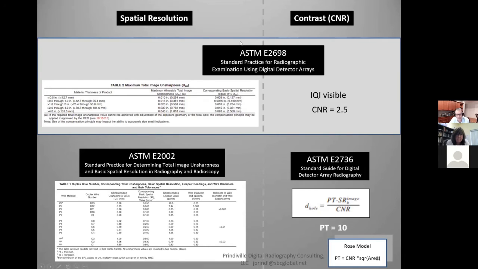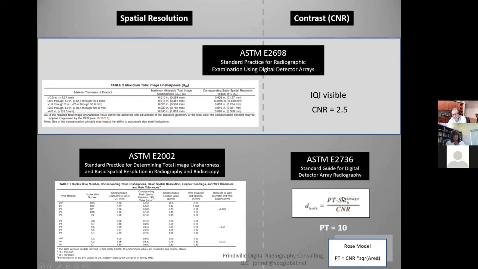You also go through a routine where you put a gauge, a duplex wire gauge, where your part is, and you can find out your unsharpness. So those are standard routines now. And this is the duplex wire gauge. It lists the specs for it that you're going to put on your part. But it also says what diameter hole you're going to be allowed to inspect depending on what your contrast to noise is and what your spatial resolution is.